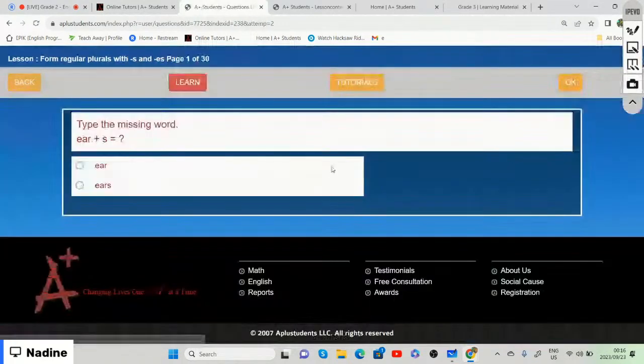All right, so we're going to begin our test where we are going to be forming regular plurals with S and ES, or in this case, only with S. We need to type the missing word, ear. If we make the word plural, ear plus S. What is ear plus S? Is it ear only, or is it ears?